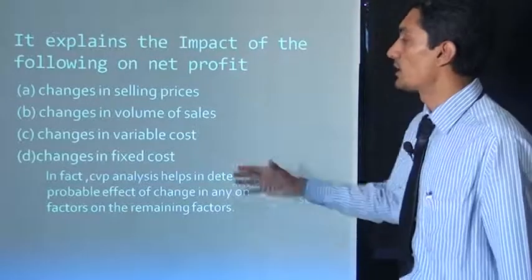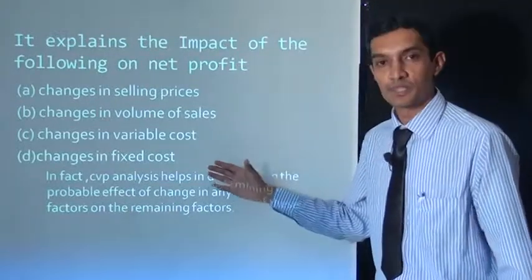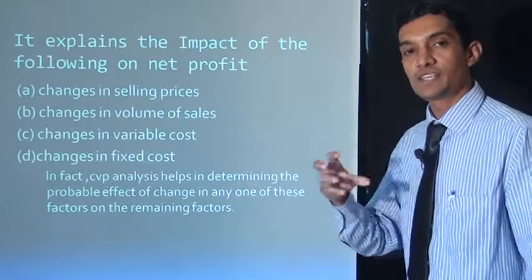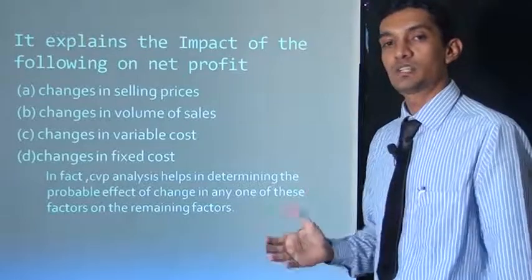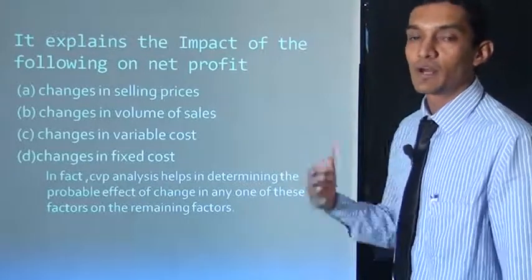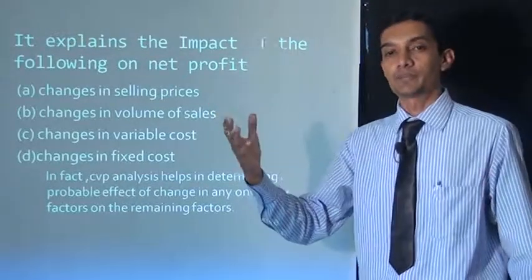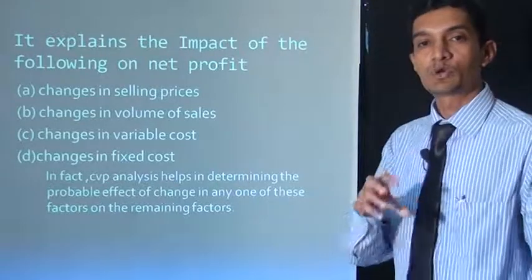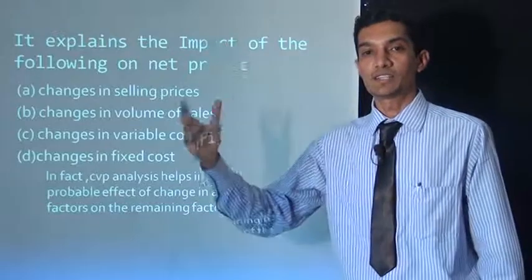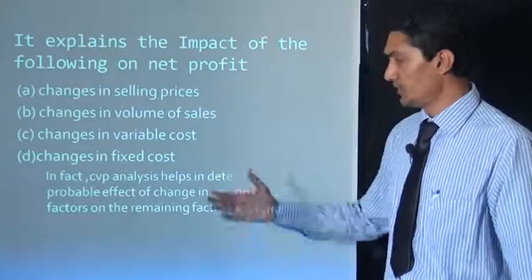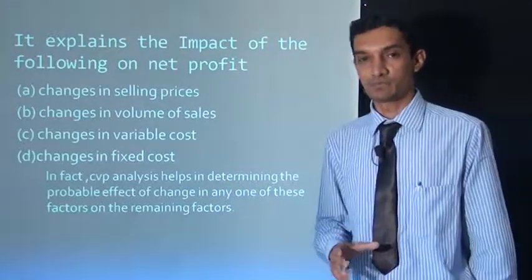The processing cost is known as a variable cost, and there can also be fixed cost. Then from the process you get the output and sell it in the market. So this is the impact in these situations.